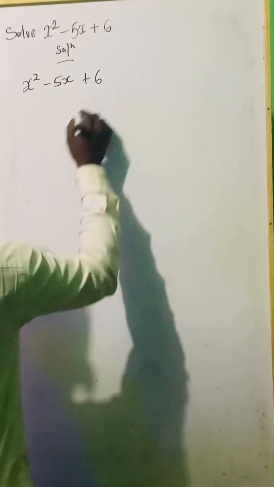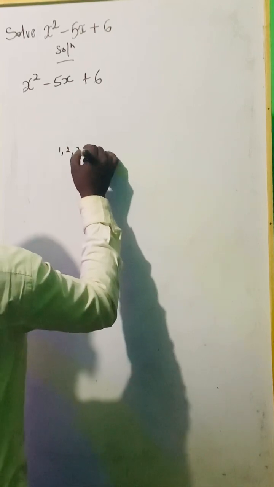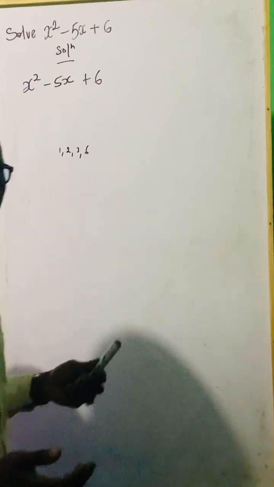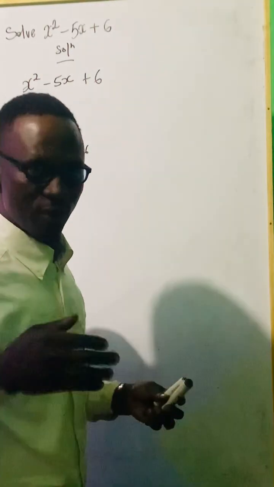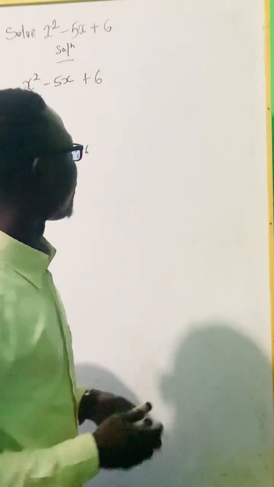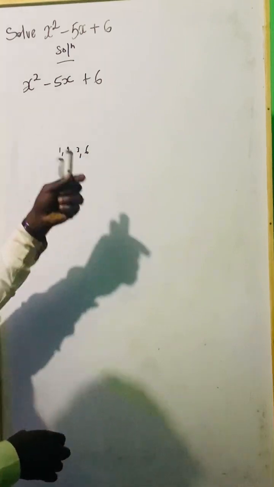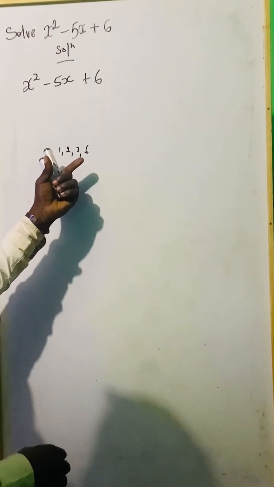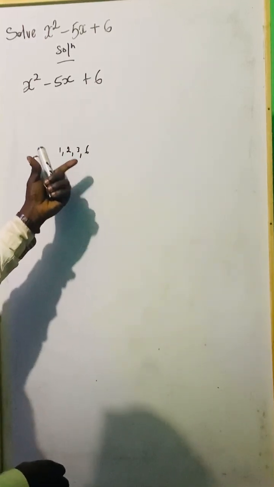Factors of 6 are 1, 2, 3, and 6 itself, 12, and other factors that you may consider. I think we can work within these four factors, so there's no need adding more. Let's consider these four factors.